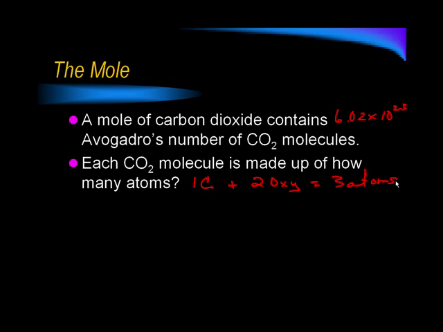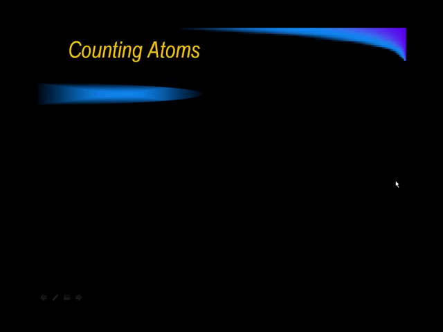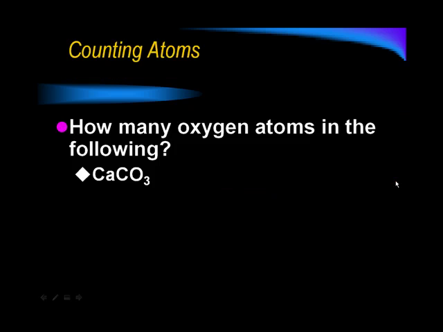It's important in this section that you know how to count how many atoms make up a compound. So if we take a look at this example, how many oxygen atoms are in the following? Here's calcium carbonate right there. I have 3 oxygens.